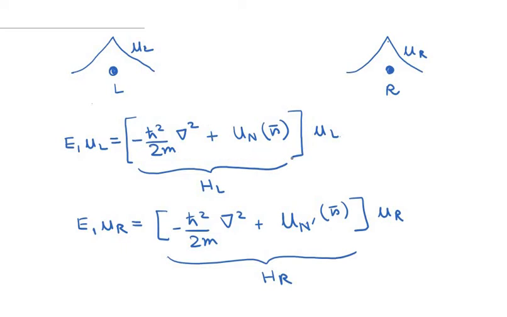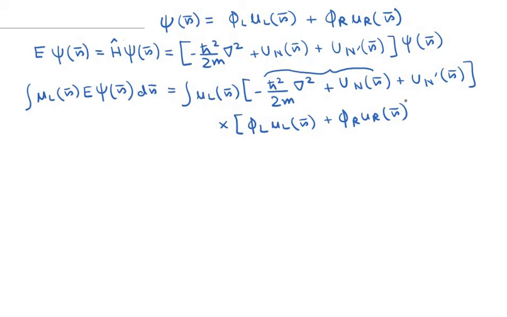And this Hamiltonian, when it operates on the orbital u L, gives us the eigenenergy E1 times u L. We should actually write the spatial dependence over here, which I forgot. So this part is basically our H L.